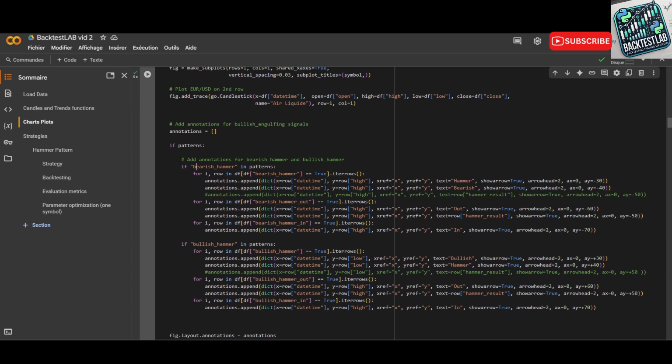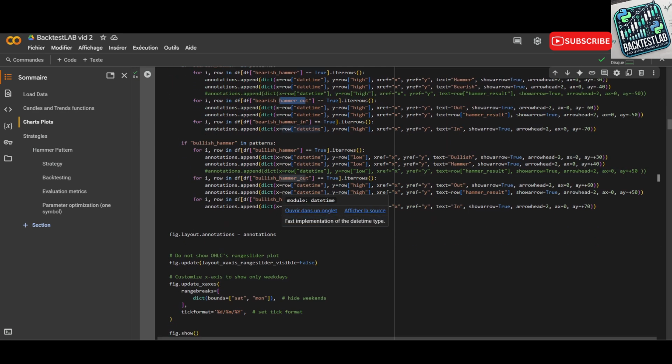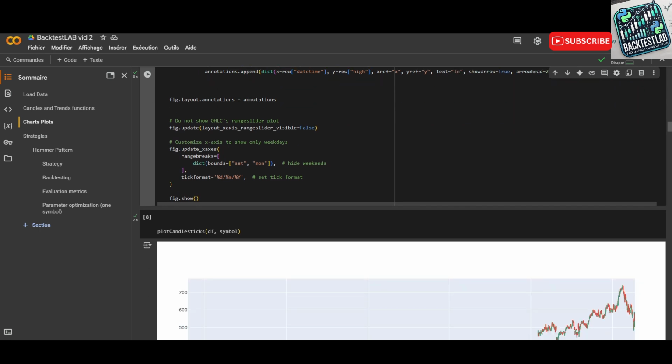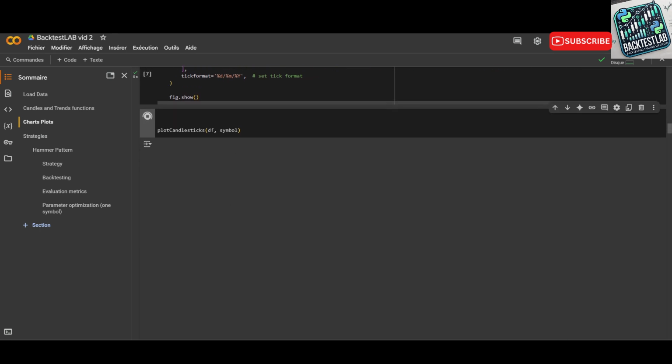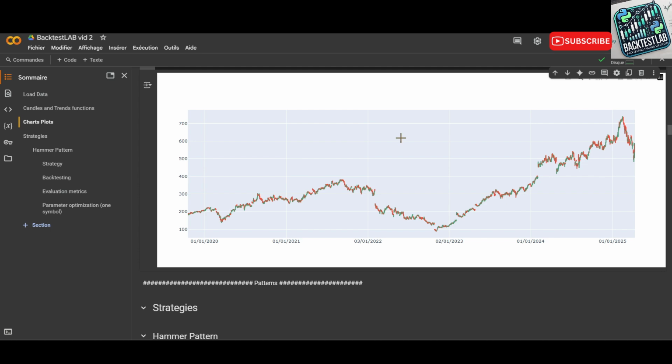We want to plot if we have a bearish hammer or a bullish hammer, and we also want to plot when we enter the trade and when we exit the trade. So this is our function, and now we don't have any signal, so basically this is our chart.